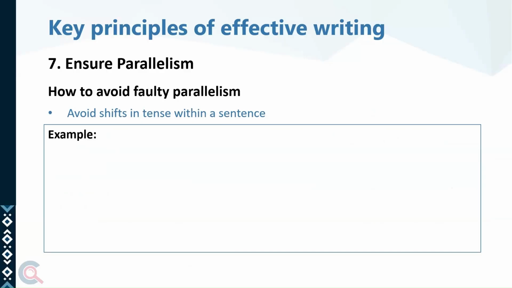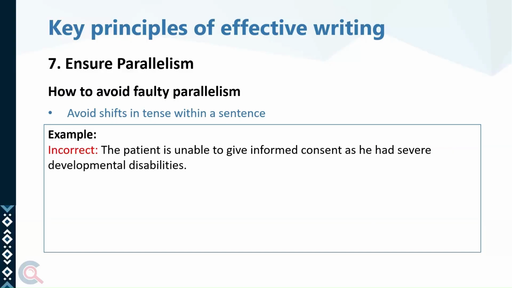We should avoid, in ensuring parallelism, shifts in tense within a sentence. If we are beginning a sentence in the present tense, we have to make sure that we are consistent to make the sentences parallel. For example, "The patient is unable to give informed consent as he had severe developmental disabilities." The first part of this sentence, the patient is, that is present tense, unable to give informed consent. And we are associating it with another clause, which is in the past tense, as he had severe developmental disabilities.